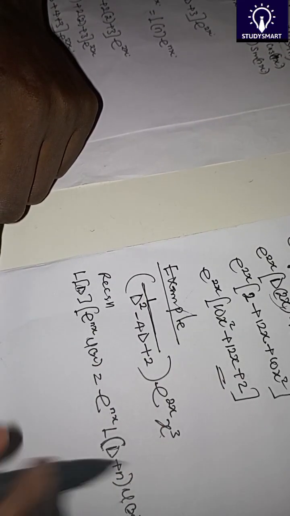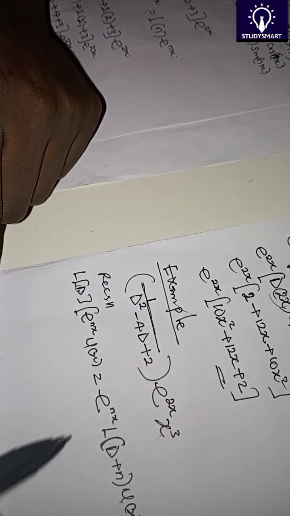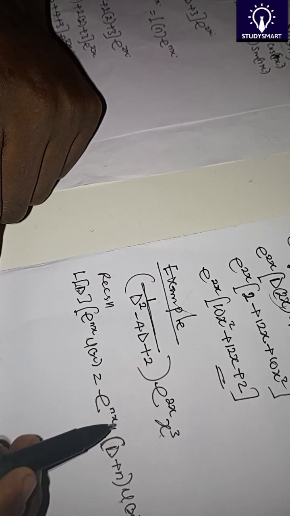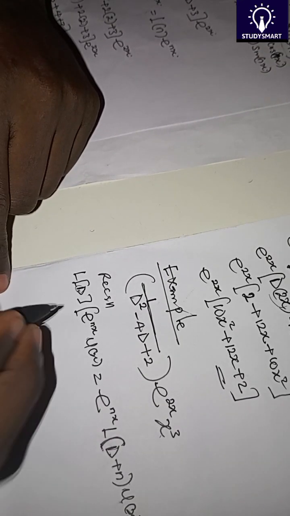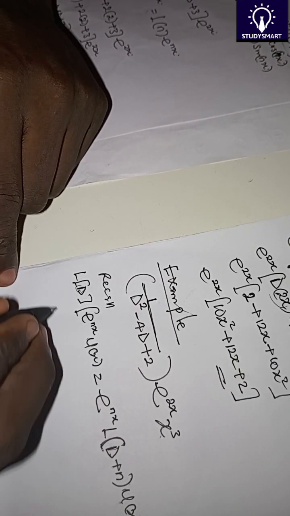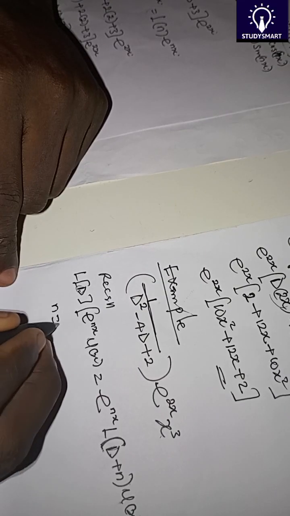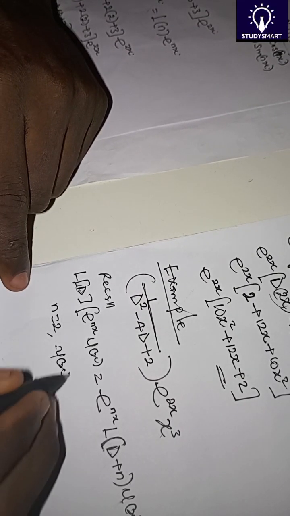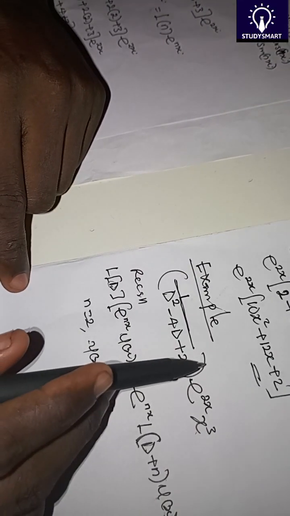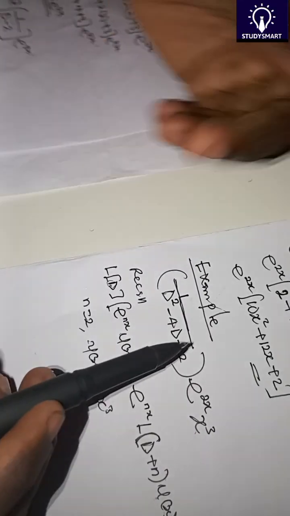My u of x here signifies my x cube, while my exponential nx here signifies this. So from this point we can now say that my n is 2, while my u of x is x cube.